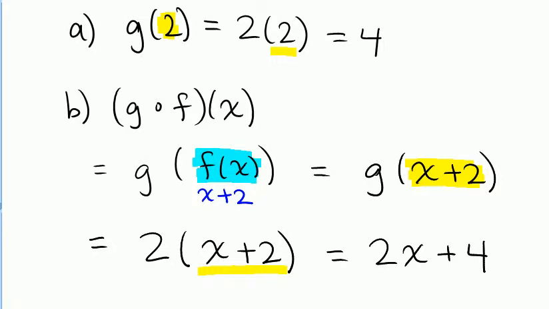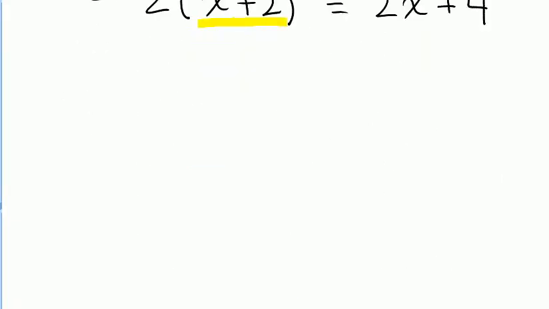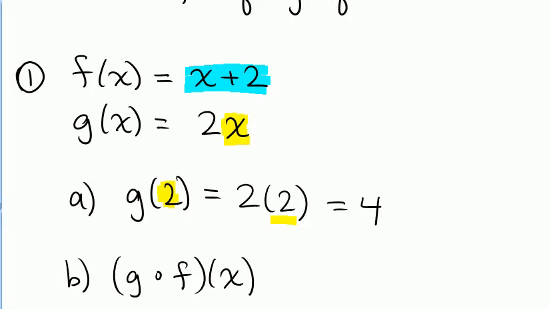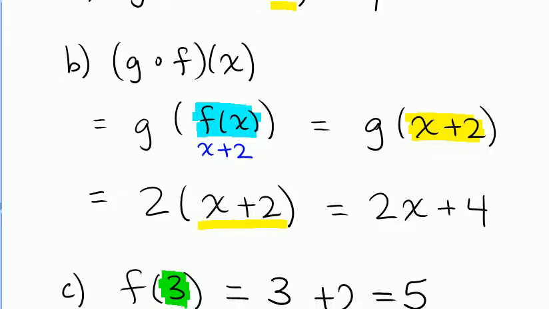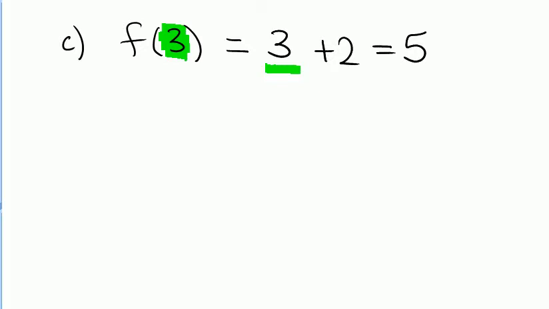So let's use the same equations and try it again. Once again, we'll start simple, f of 3. So for f of 3, you take 3 and you plug it into the f equation for the x value. And 3 plus 2 is 5. So let's find f of g of x.